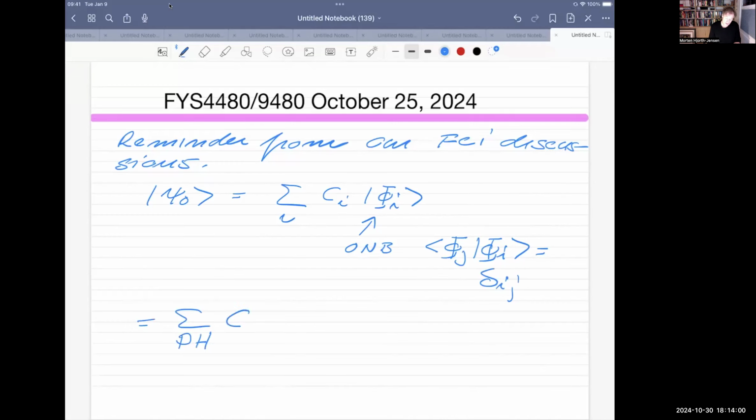And then we had the overlap coefficient, CH or P, and we could have the ground state itself, which is represented by an ansatz phi 0. And in that case, we have a zero particle, zero hole excitation.